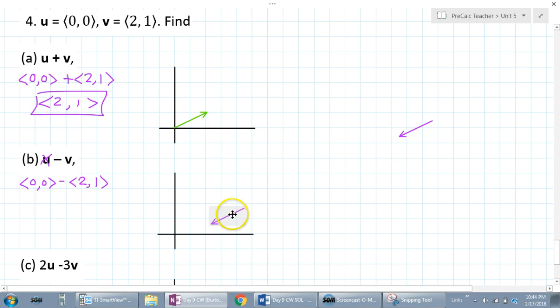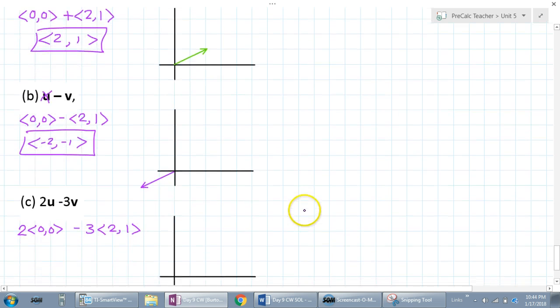So this is the opposite of vector v, so I can just bring it over here and graph it, and boom, there it is. And it's the same thing here. 0 minus 2 is going to be negative 2. 0 minus 1 is going to be negative 1. And looking at our little vector here, sure enough, it goes left 2, down 1, just like one would think.